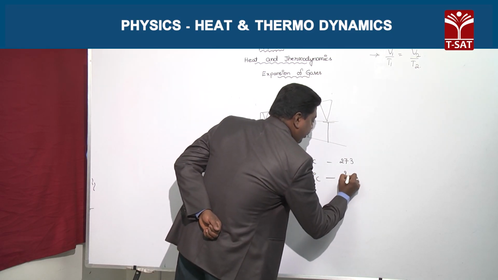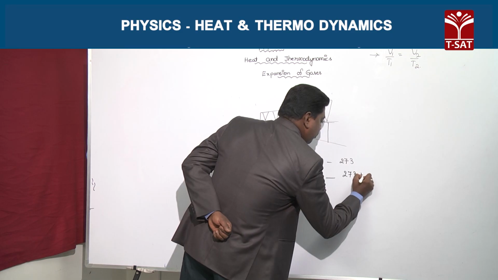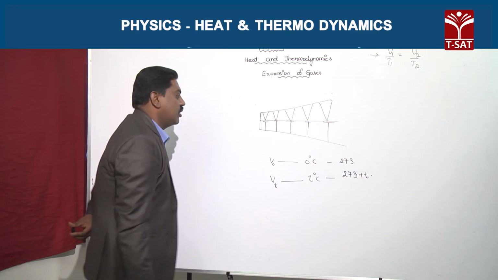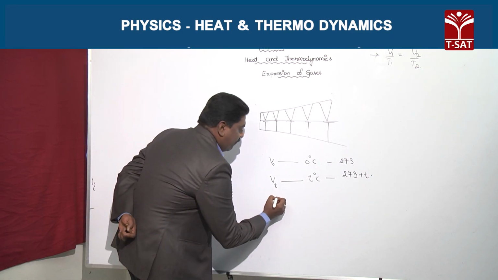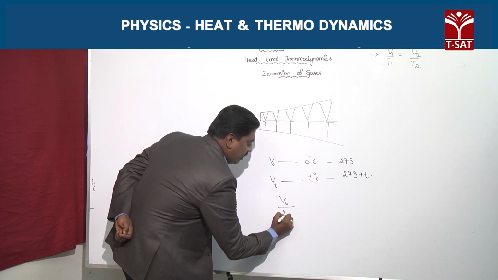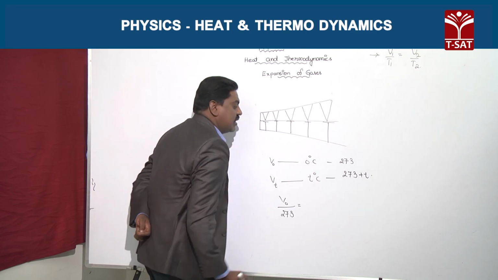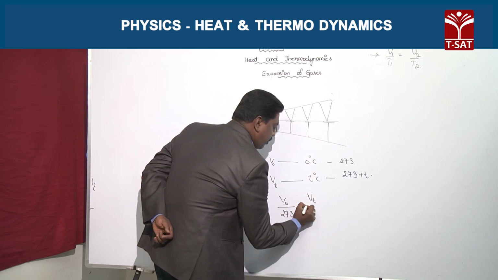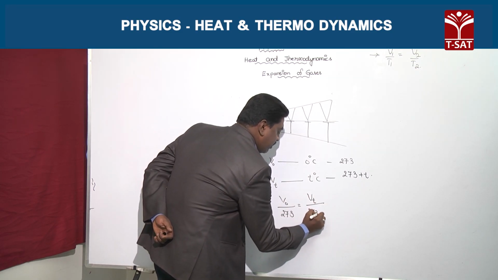In terms of Kelvin, we write this as 273 plus T. Now, according to the law, V0 by 273 equals Vt by 273 plus T.